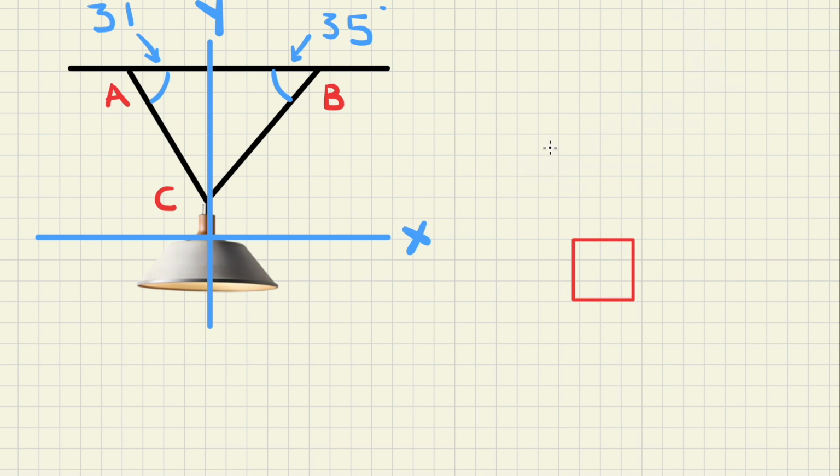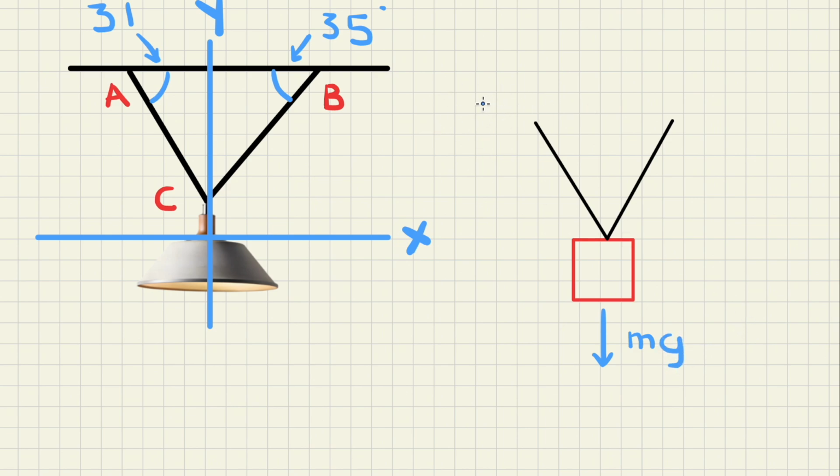And we have two cables. We have cable AC and cable BC. And whenever we have strings, we have tension in those strings. And whenever we have this object, we have a mass. So this mass is always going to go down, mg.